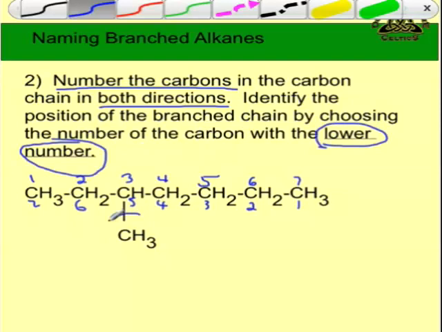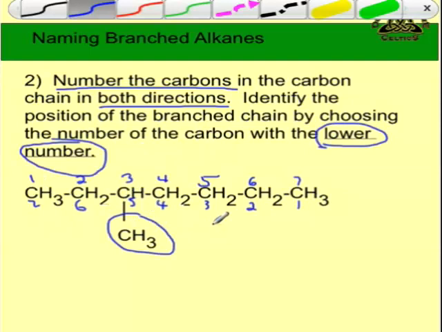Well, here's our branch. And you'll notice if we numbered it from left to right, this branch would be on carbon 3. If we numbered it from right to left, this branch would be on carbon 5. Clearly, 3 is the smaller number.